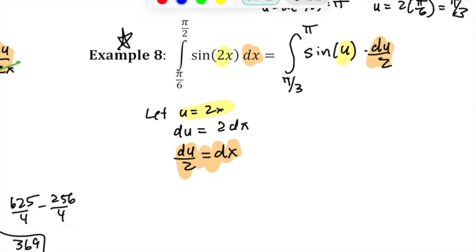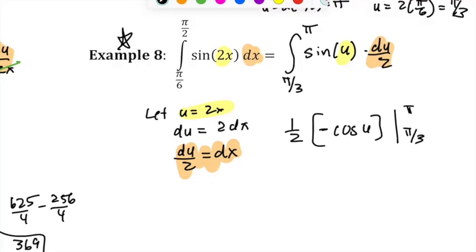So from here, now that we did our substitution, let's take the integral, but also let's pull out this 1/2 outside. So the integral of sine is negative cosine of u. And we're going to evaluate that from pi to pi over 3. And just to make this easier, I'm going to pull the negative outside as well.